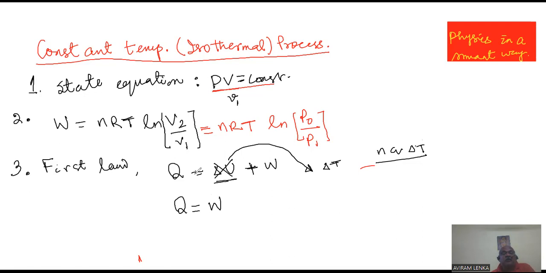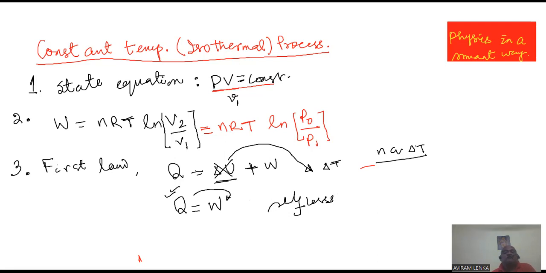Whatever heat, whatever thermal energy you give me, I'll just transfer to the outside, maybe to a spring or something like that. I won't keep any part of that. So the gas behaves in the most selfless way, just like a monk. So that is the first law.